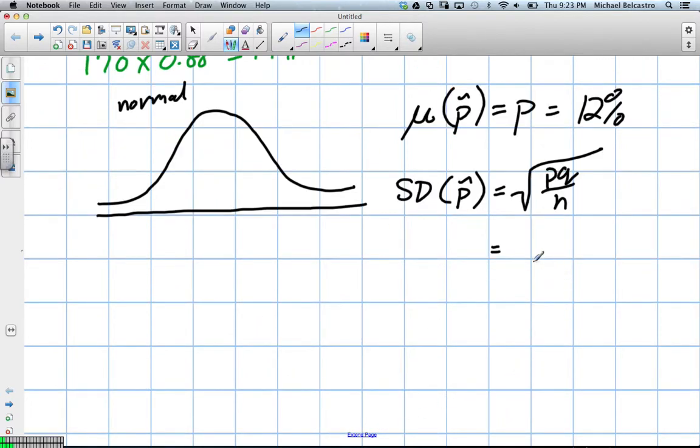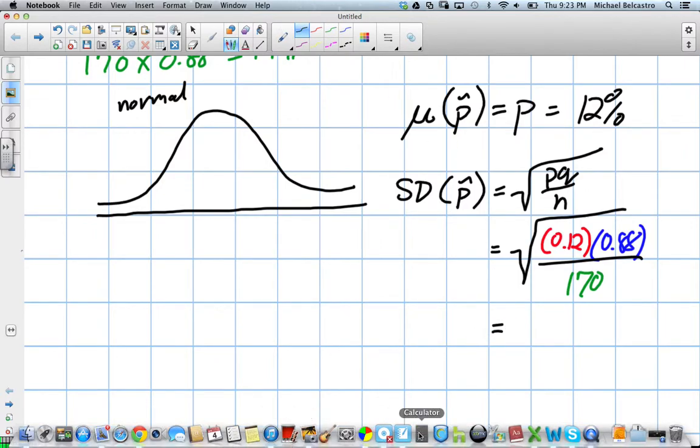We look for the square root of P, which was 0.12, we put it as a decimal, times Q, 0.88, over 170. And that'll help us calculate our standard deviation. So our standard deviation in this case, maybe you get your calculator, help me out here.